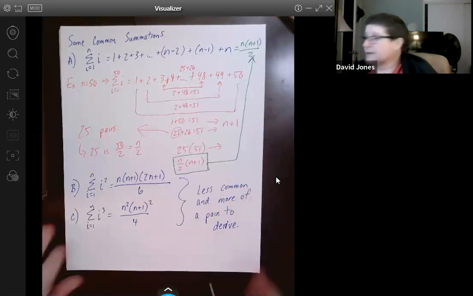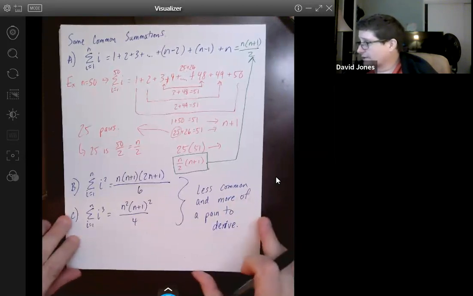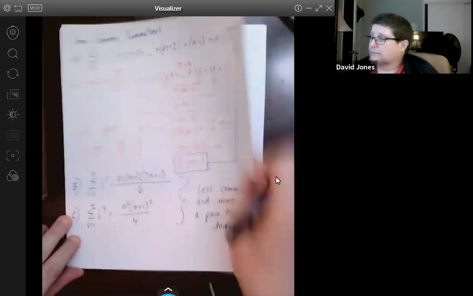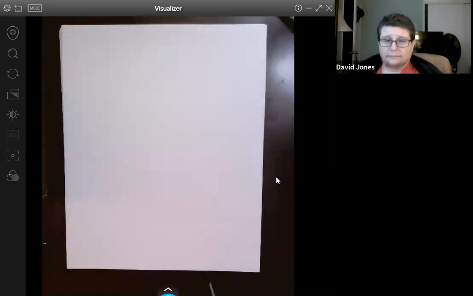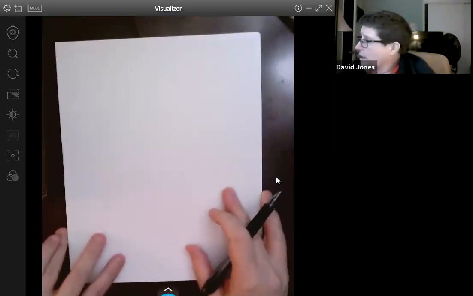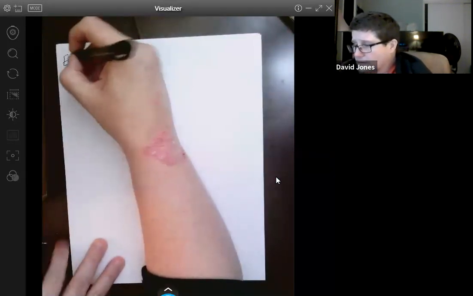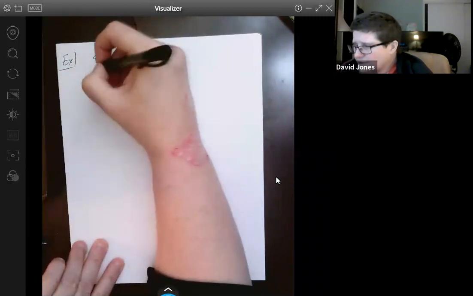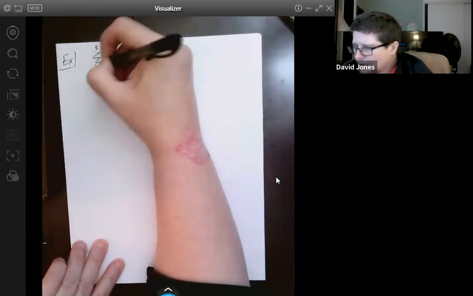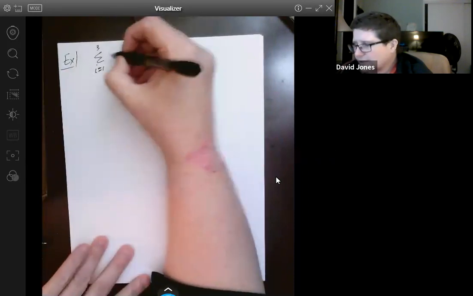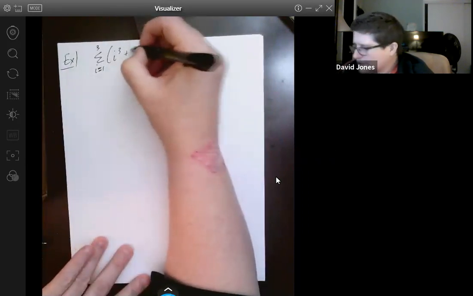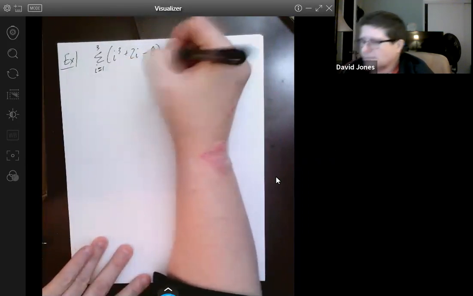We're going to use these properties to figure out the following. Let's do the summation of I equals 1 to 3. We'll keep it small. Small summation. I cubed plus 2i minus 8.